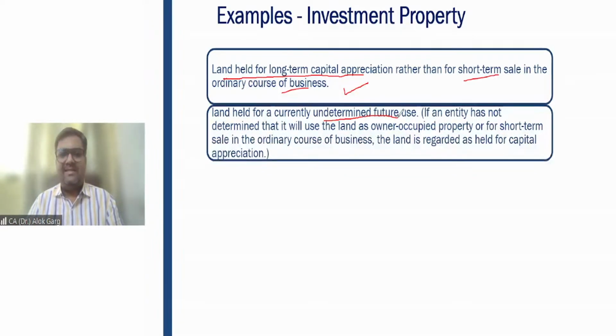The value is very less. So you will buy that land with no determined future use, right? You just purchase the land, but you are not sure what you are required to do on that. In that case, that land will also be considered as an investment property.